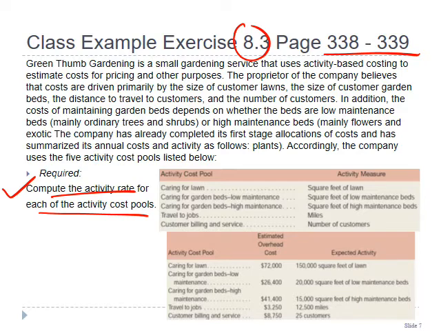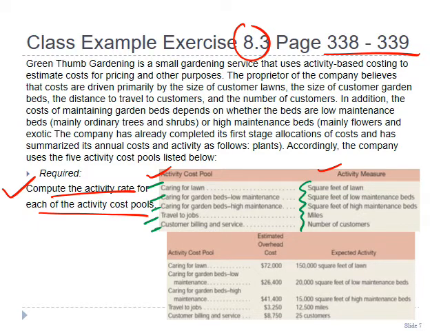Okay, let's do that. So basically the activity cost pools are already given to us, and its cost drivers or activity measures are already given to us. For example, the company has created 5 levels of cost activity pools and their cost drivers as well.